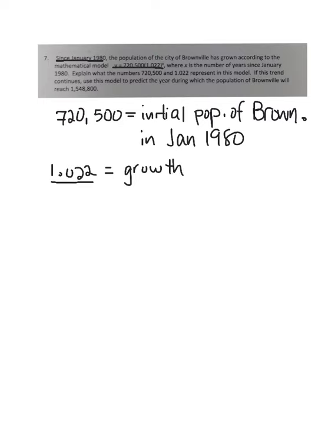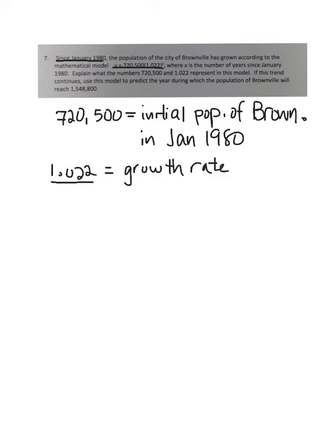It would represent how much the population is growing by. Okay, a growth rate. Now let's talk specifically about how much it's growing by. So this whole number here, if it's greater than 1, then we know it's a growth as opposed to a decay. Now what it's growing by is determined by the numbers that come to the right of the decimal.